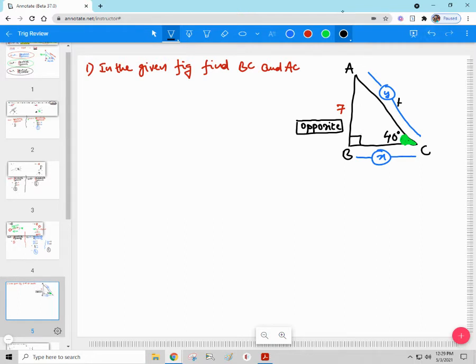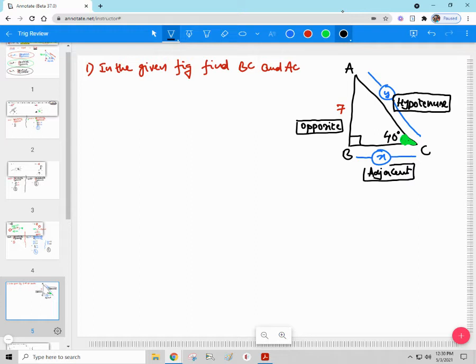Though it may take some time for you to label this, it is worth spending some time writing this way. This is the hypotenuse. So these two sides are identified as opposite side and hypotenuse. Then the third one is the adjacent side.